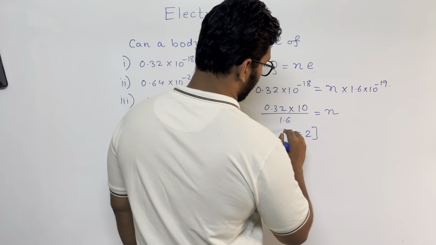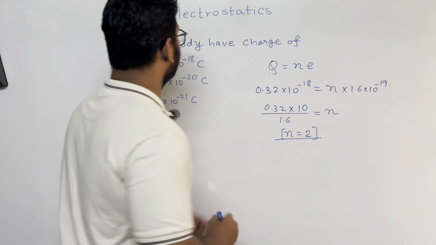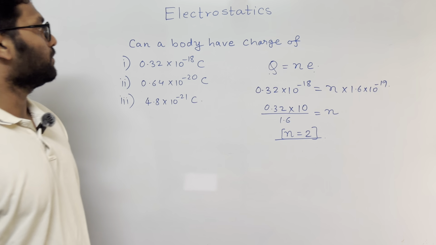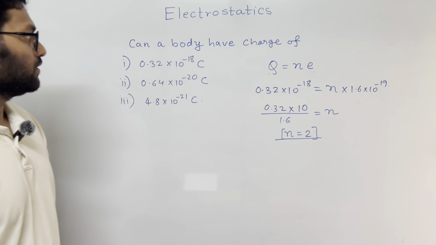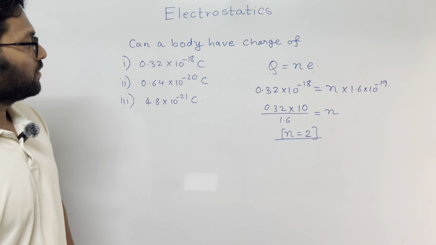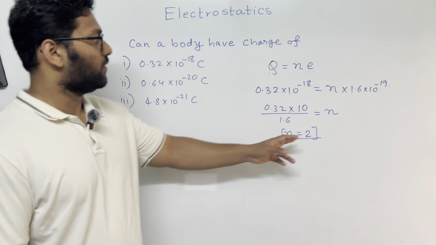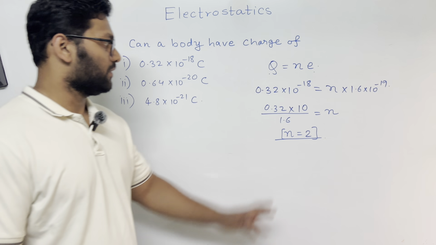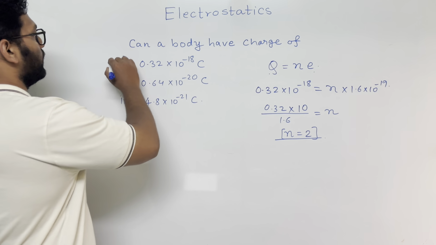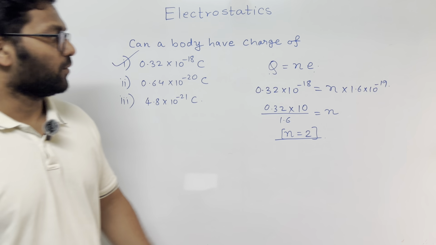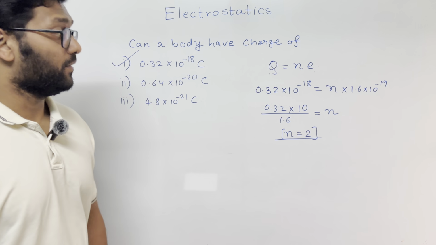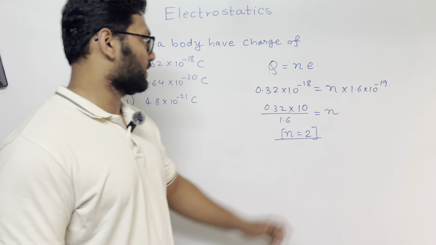N is equal to 2. So these 2 electrons will make up a charge of 0.32 into 10 to the power minus 18. Correct? So N is equal to 2. That means this is correct. A body can have a charge like this, okay, because 2 electrons you can have. If it was 2.5, it would not be correct.